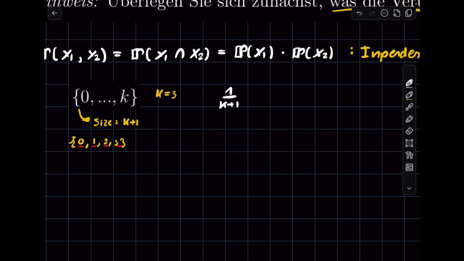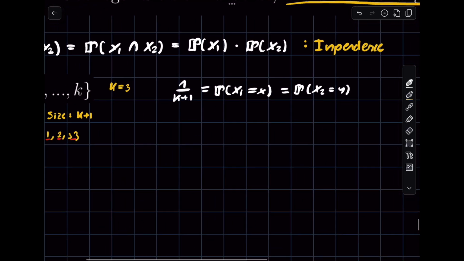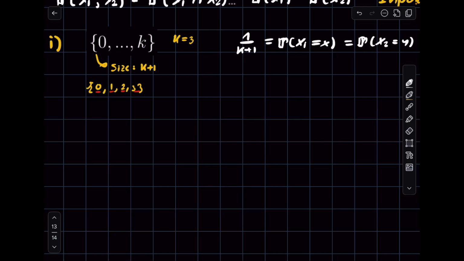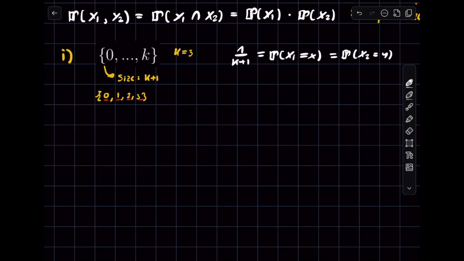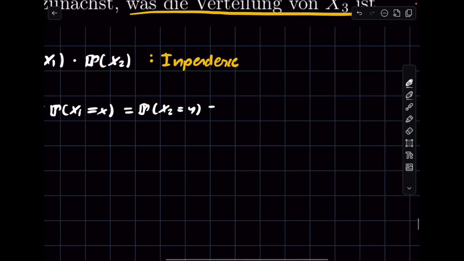That's going to be our distribution for both P(x1 = x) and P(x2 = y) for simplification purposes. It's really not that difficult to understand how we find this, right? If you want the actual formula, this would be 1 over b minus a plus 1.